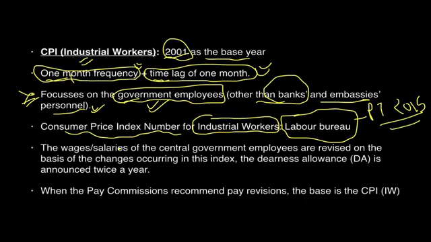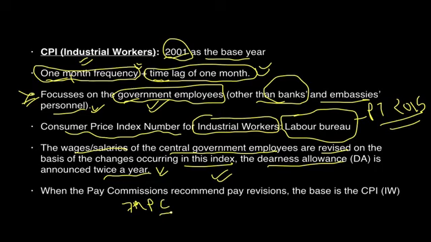Okay, now the wages and salaries of the central government employees are revised on the basis of this index. Absolutely understood. Dearness allowance is announced twice a year. This is also based on this particular index. And finally, can you relate this to the 7th pay commission which is coming next year? So the pay commission's recommendations are also based on CPI IW.